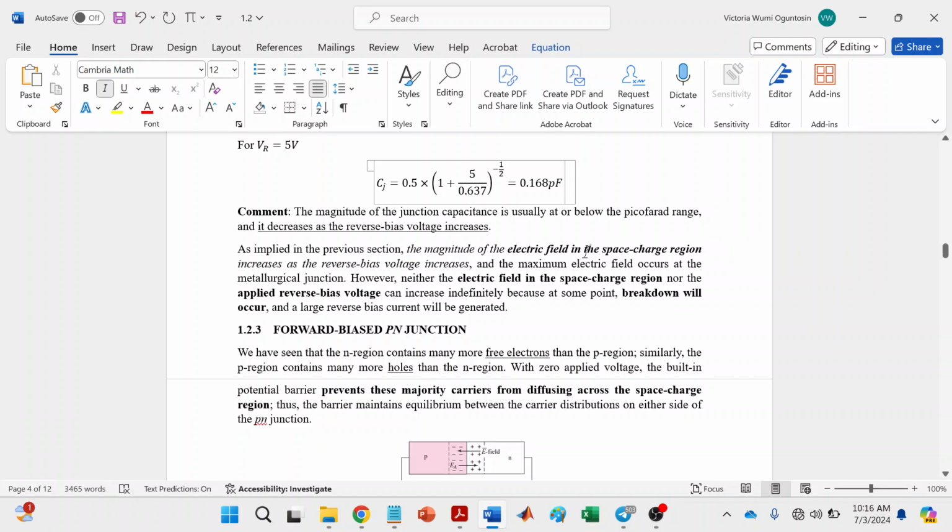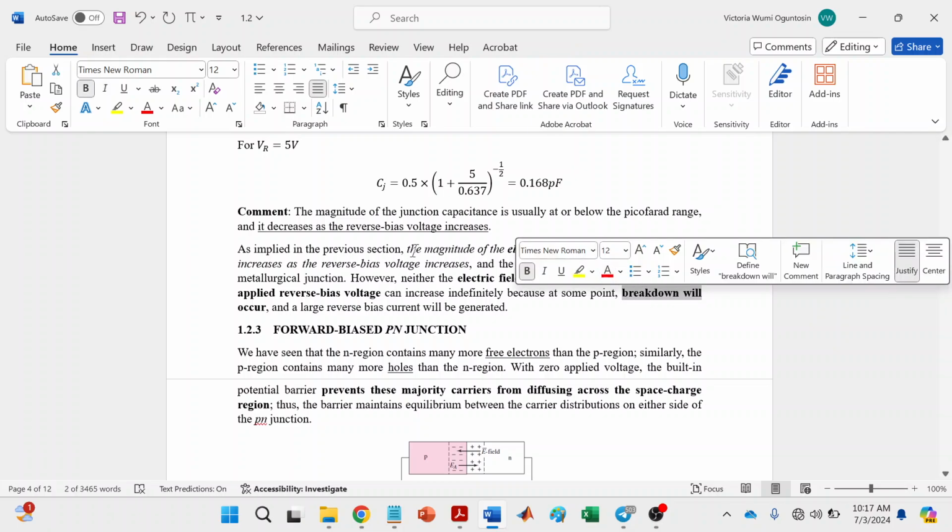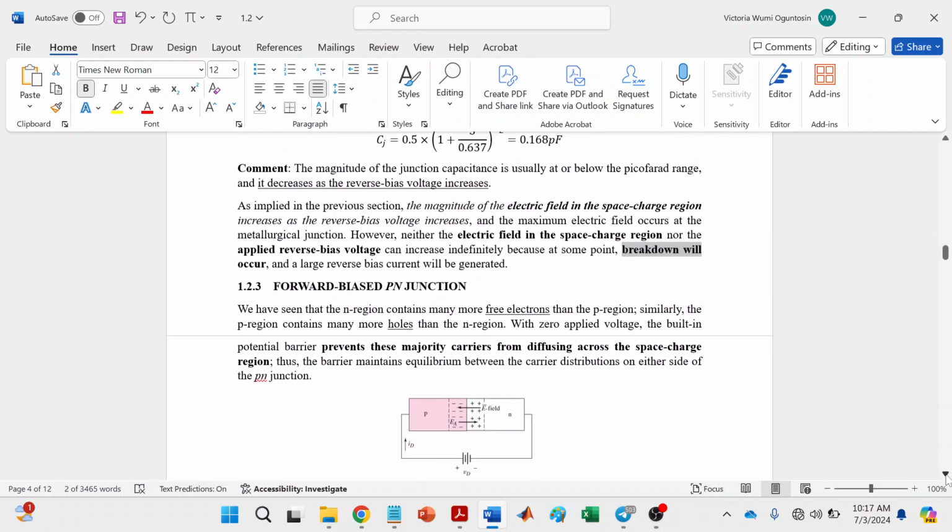But the reverse bias applied voltage cannot increase indefinitely. There's some point where breakdown is going to occur, and as a result of the breakdown, a large reverse bias current is going to be generated.